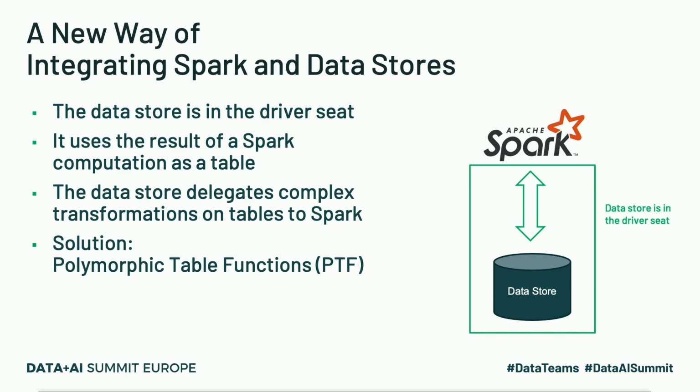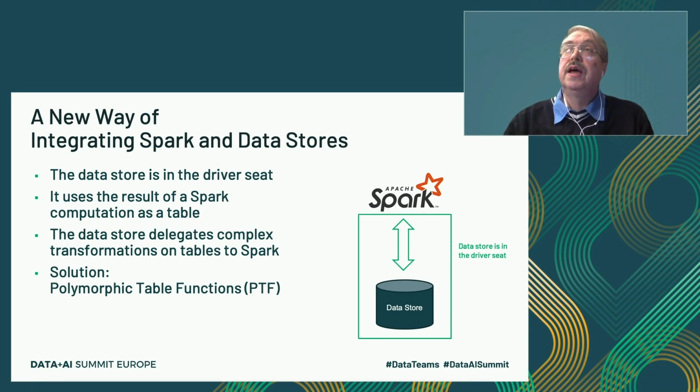Sometimes you want the data store to take the initiative, and that the data store can use Spark for doing some computations on a table, for doing some transformations or something like that. And especially if you want to do some complex transformation on data in your database, which are too complicated for SQL, or maybe they are possible with SQL, but it's much easier to do them in something like Spark.